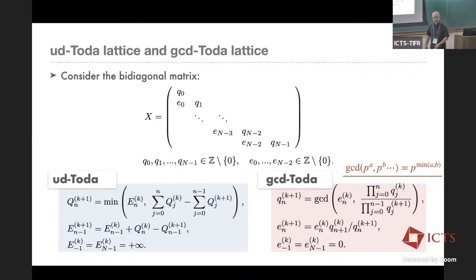By introducing this relation, the ultra-discrete expression and the GCD-type version of Toda are not exactly the same. The GCD Toda has a correction to the ultra-discrete Toda. Explaining the meaning would take one or two more minutes.